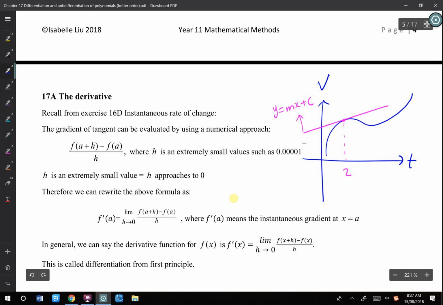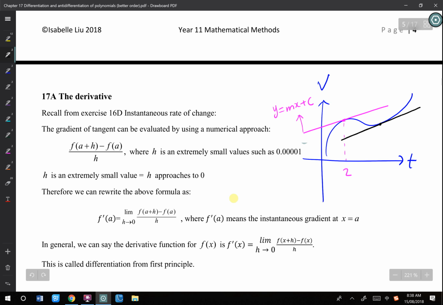Therefore, at different times, my instantaneous rate of change will be different. For example, at this point here, if I draw a tangent it will look like this. You can see the gradient will be slightly different from the pink one.